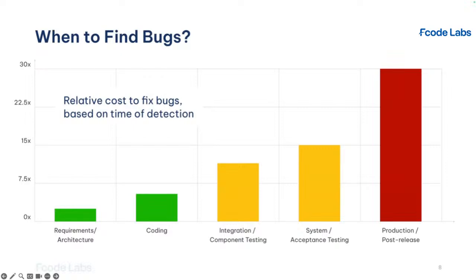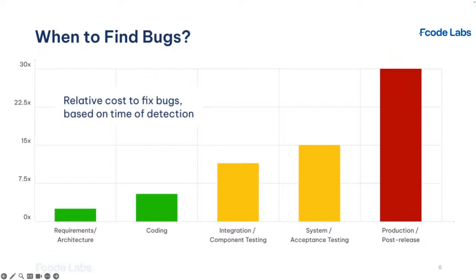What are these costs? The effort we have to put in to fix a bug. We have to rework on a feature we have already developed. That's the cost. And we have to spend time again and again on fixing the same issue. That's a cost. And again, we have to spend money on whatever resources we are using to fix this bug.